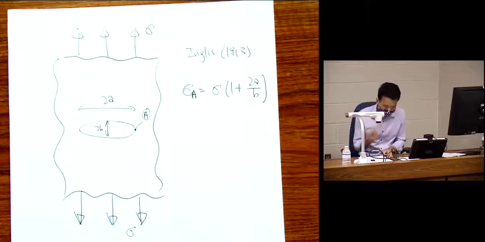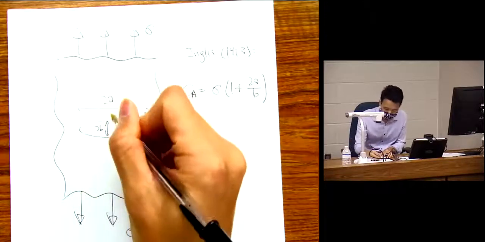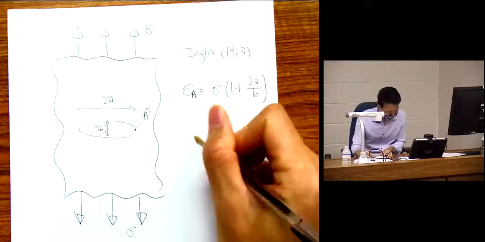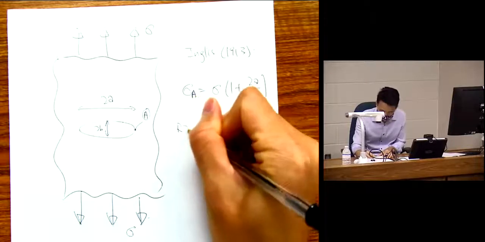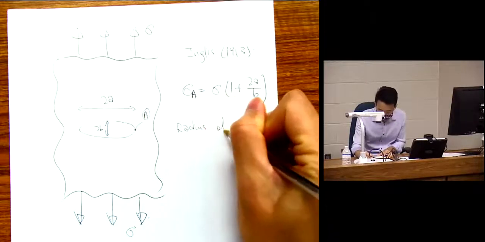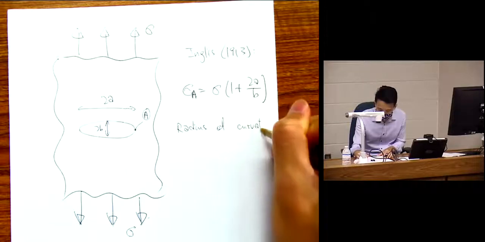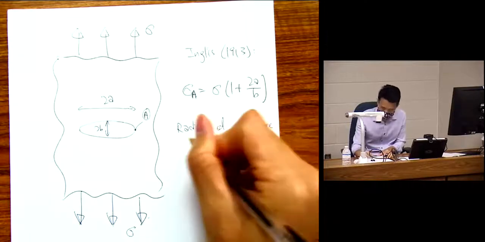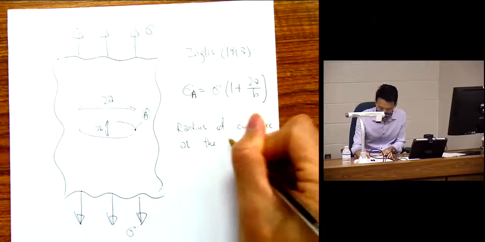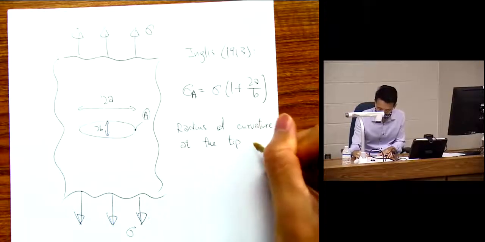Okay, so the first task is to find analytically the curvature at the crack tip. So this is an ellipse. So we're going to find the radius of curvature at the tip of the flaw.